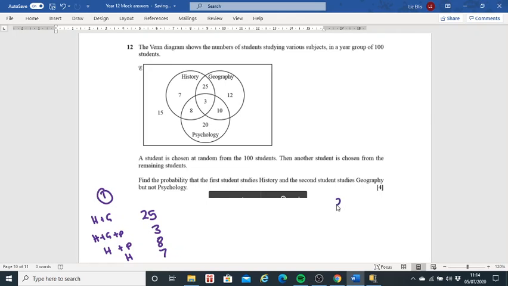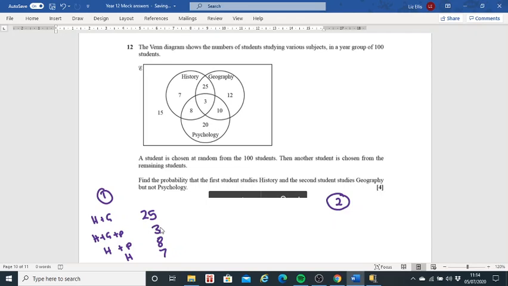So let's have a look at student number 2. We know they study geography, but not psychology. So how many students study geography? Well, we have got 36 of them that could potentially study this. Remember, there's going to be some crossovers which we need to take into account in a minute.